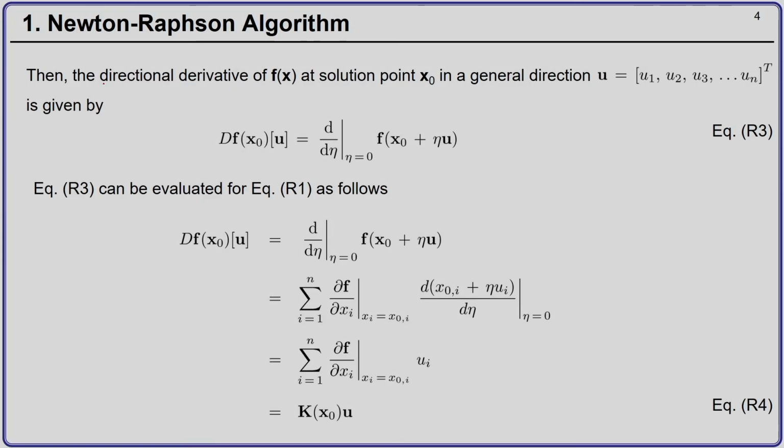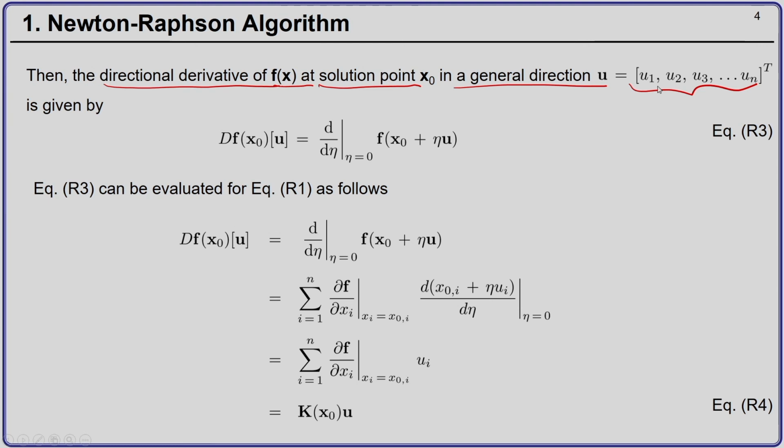Then we can take the directional derivative of the system of nonlinear algebraic equations at the solution point x 0 in a direction u. So, u is a direction in which we proceed, so that x 0 plus u will take us closer to the solution of this nonlinear set of algebraic equations.